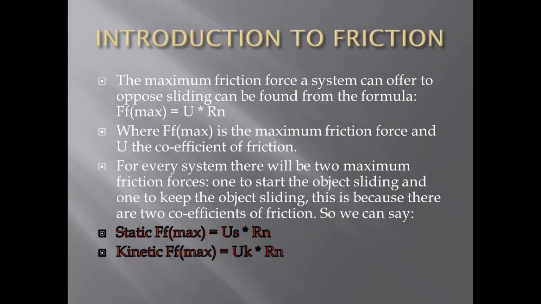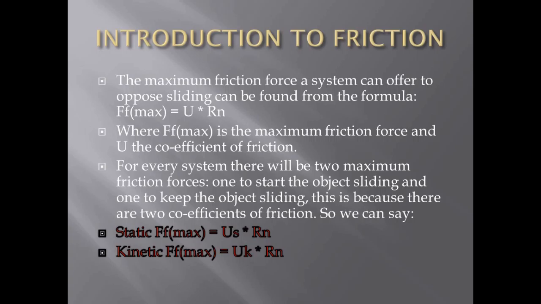The maximum friction force the system can offer to oppose sliding can be found from the formula Ff max equals μ times Rn, where Ff max is the maximum friction force and μ the coefficient of friction. For every system, there will be two maximum friction forces, one to start the object sliding and one to keep the object sliding.